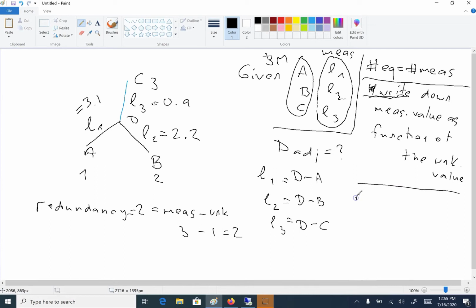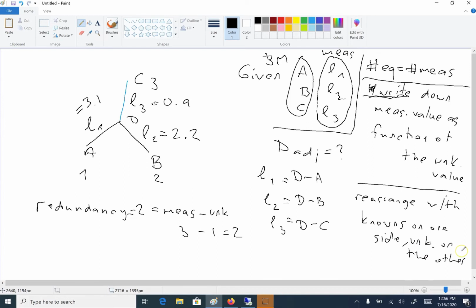And the next step is to rearrange the equations with the knowns on one side and the unknown on the other.